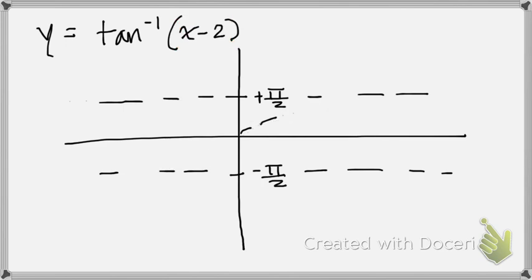So I'm just going to give myself a 1, 2 intercept, and then I'm going to go up to pi over 2 and go down to negative pi over 2, and that's it. That's the transformation, and that's all you would need to show. Let's say I did an inverse sine, and let's call it x over 3.